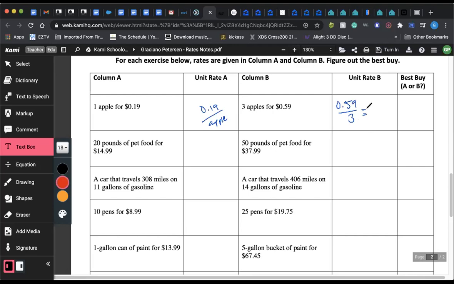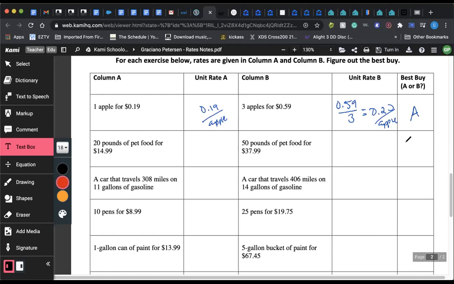You do have to round up. 0.20, yep. Very good. 20 cents per apple, right? So which one has the better buy, A or B? A. A has the better buy, okay?